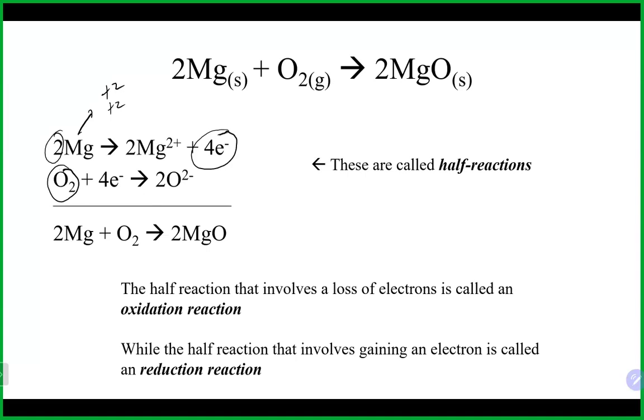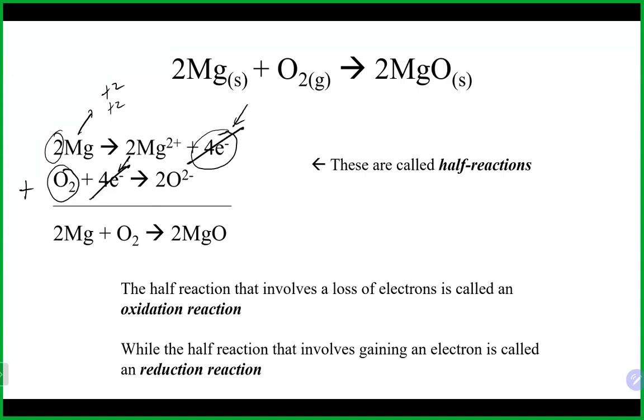By the way, when you have half reactions, before you can add them together, the number of electrons in each half reaction does need to be the same. And sometimes you need to multiply a reaction by a number to get them the same. The idea behind that is whatever number of electrons somebody loses should be the exact same number of electrons gained by the other in that sort of reaction. When you add them together, the electrons should always cancel out completely because they're on opposite sides of the arrow.